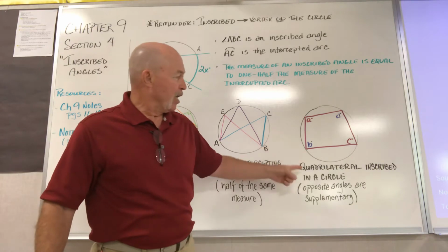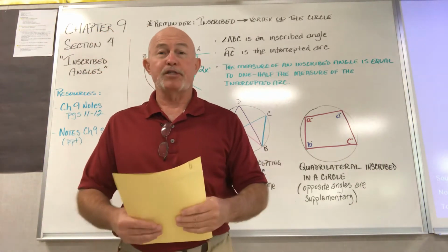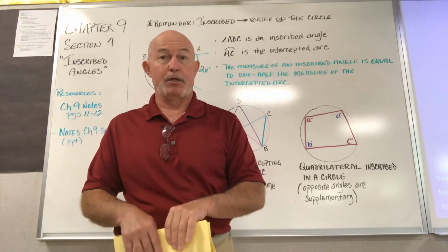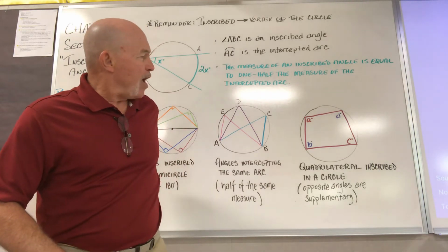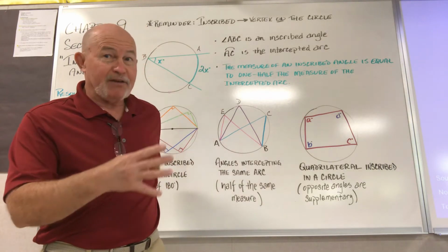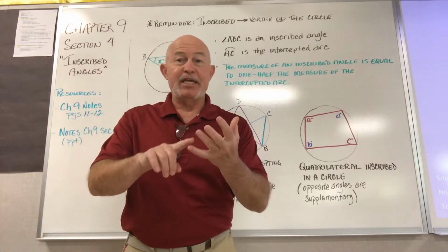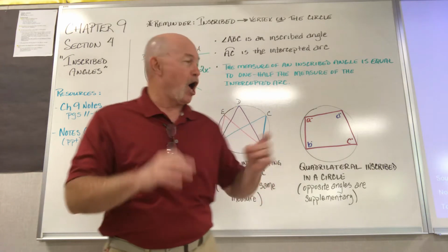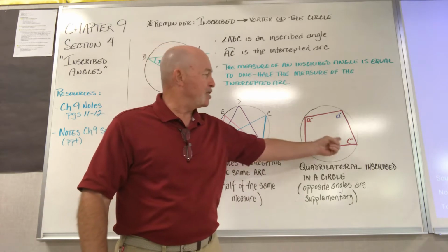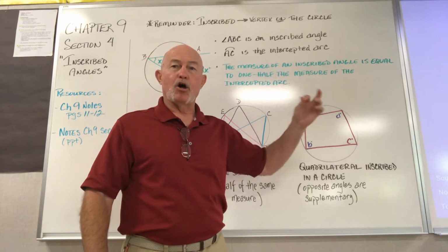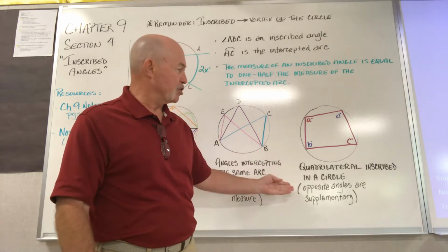And finally, if you have a quadrilateral, we showed this in the first part of the chapter when I talked about inscribed, because I wanted to make this point early. If you have a quadrilateral, a four-sided figure, inscribed in a circle, remember that means each vertex is on the circle, then opposite angles are supplementary.